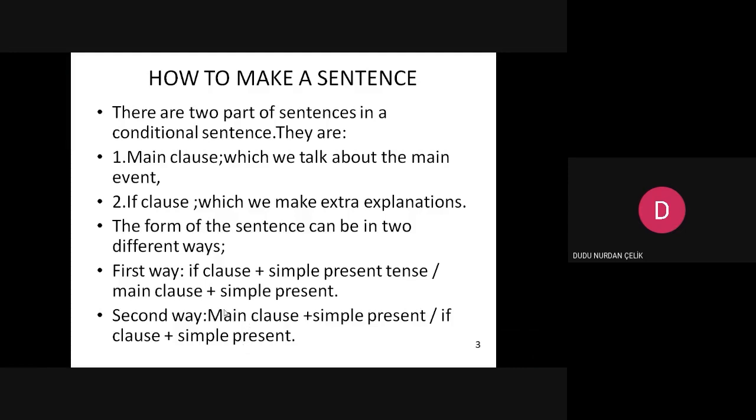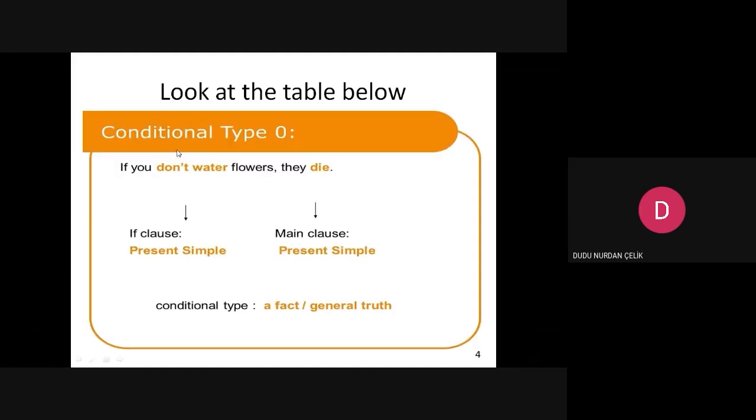I want you to be careful with the tense. The if clause and main clause are both used with simple present tense. So we can say that in conditional type 0, the if clause and main clause are both used in present simple tense.